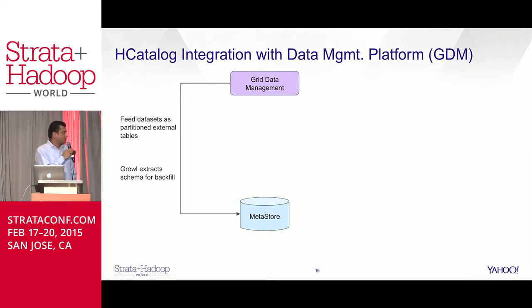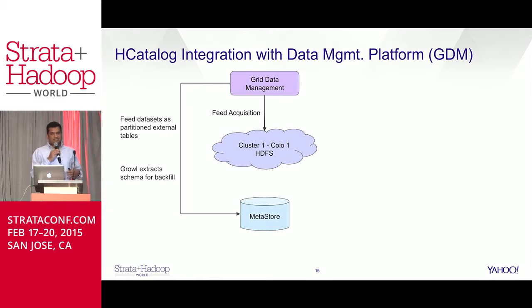So during acquisition, the feeds that you acquire are actually mimicking tables. So tables are created in the metastore that mimic the feed that you acquire on Hadoop clusters. If you have existing data in HDFS, you could extract the schema from that. There are tools such as Growl available in HCatalog to do that.